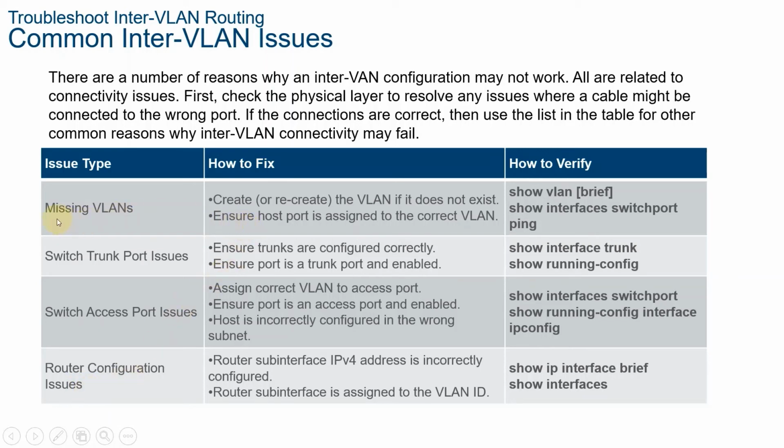How to fix missing VLANs: we need to create or recreate the VLAN if it does not exist, and ensure the host port is assigned to the correct VLAN. We can verify that using show vlan or show vlan brief, or show interfaces switchport, and also test the connectivity using ping.